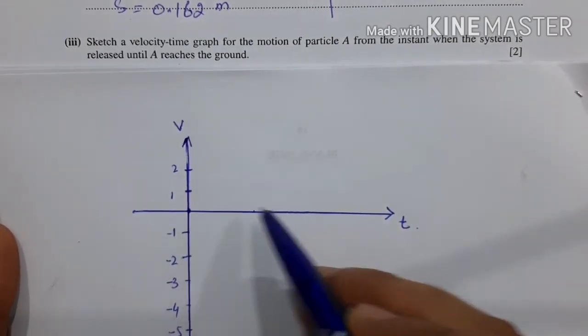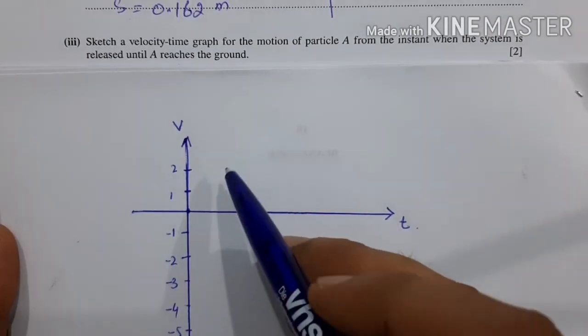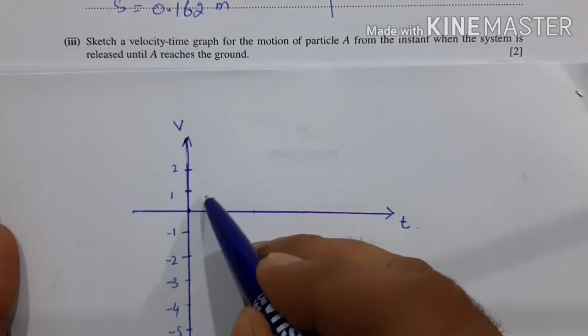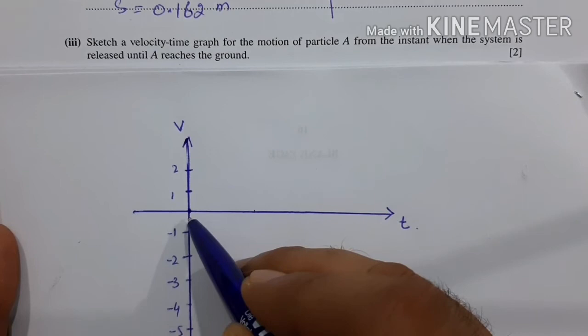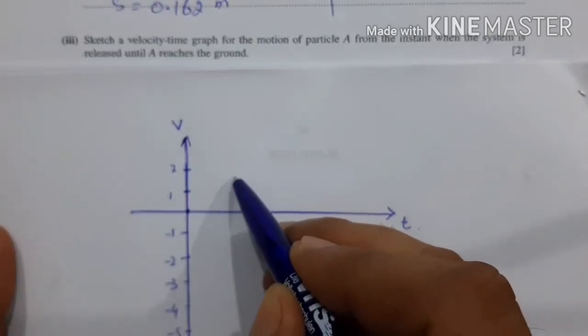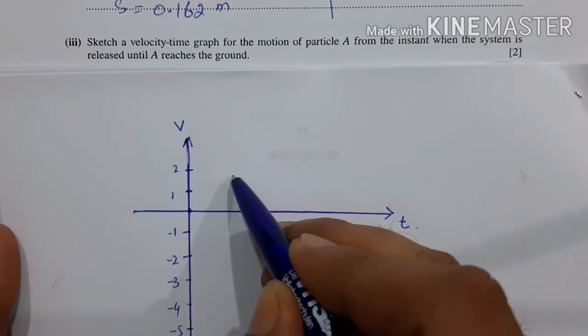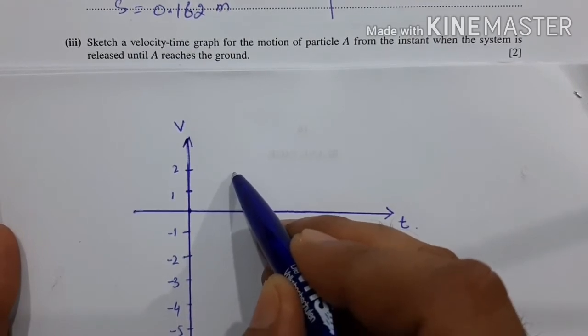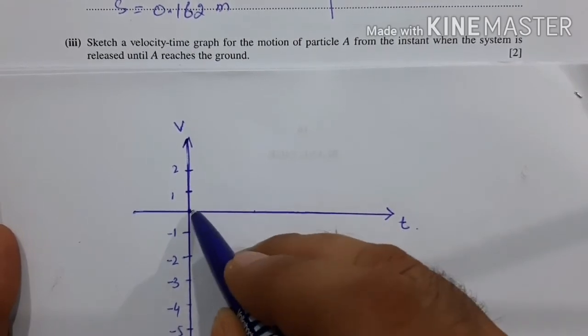From the previous part, the velocity of particle B when it hits the ground was 1.8. So the velocity of particle A was also 1.8 when the string breaks.